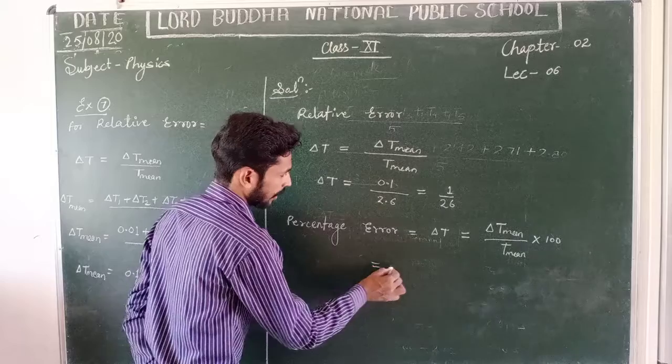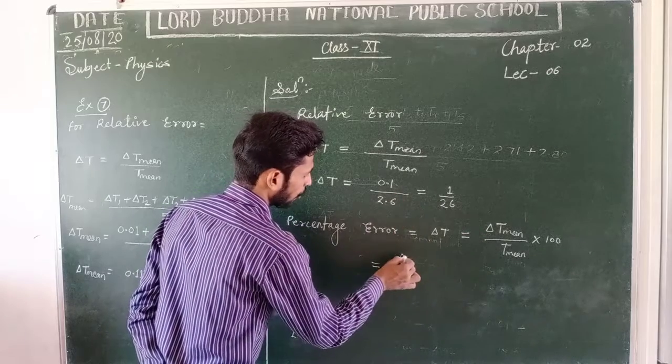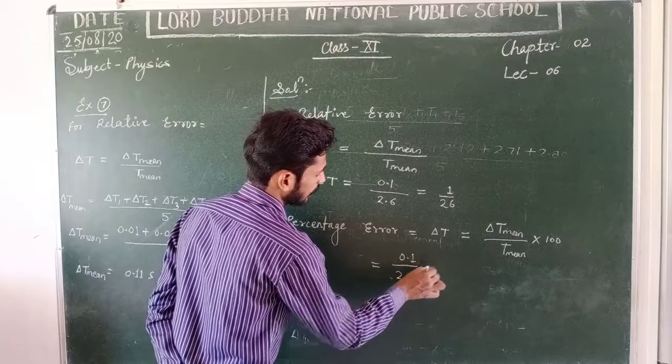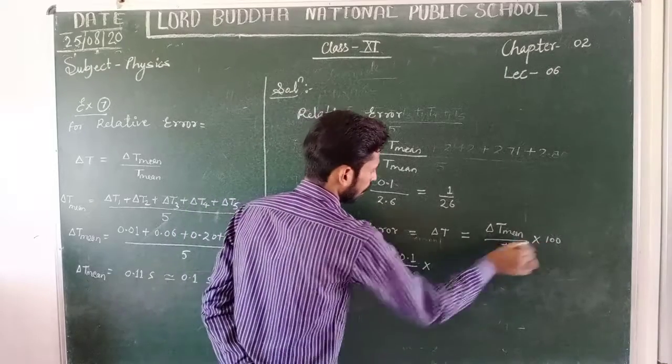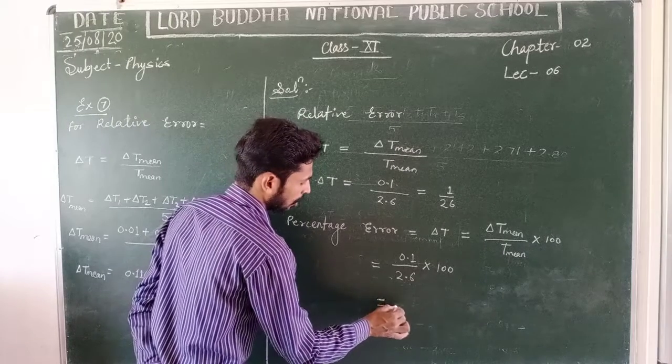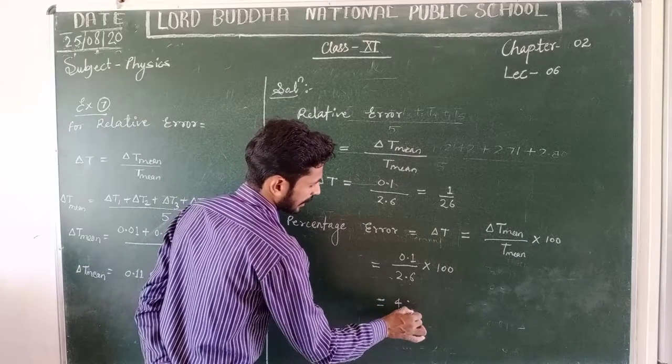So delta T mean equals 0.1, T mean is 2.6, into 100, and this value will be about 4%.